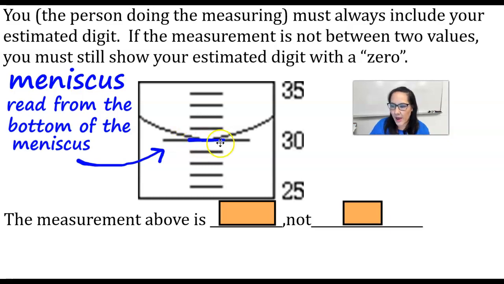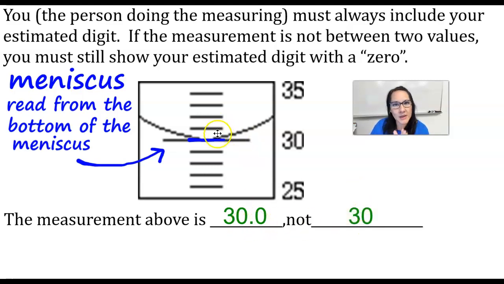So here is the bottom of the meniscus, and I'm going to estimate that it is right on the 30. However, you can't just put that it's 30 because this is accurate to the first decimal place. We have to put that it's 30.0 and not just 30. Because I could read this as 30, 31, and then anything in between this would be one estimated digit, so we have to read it that far.